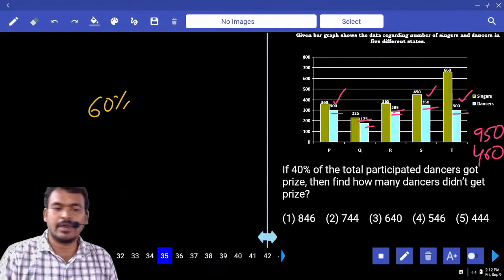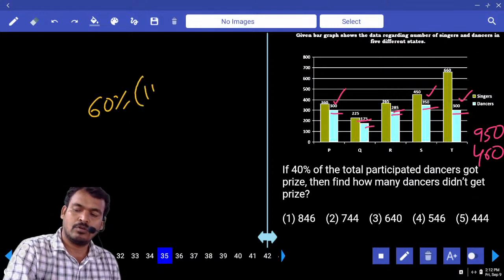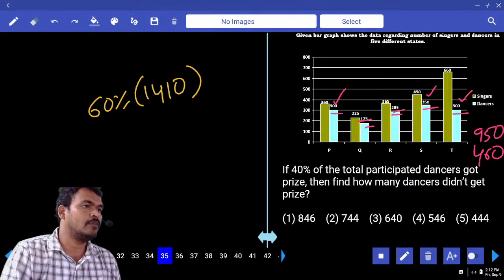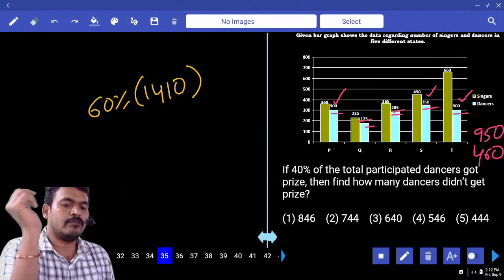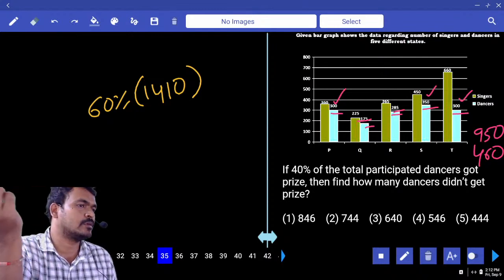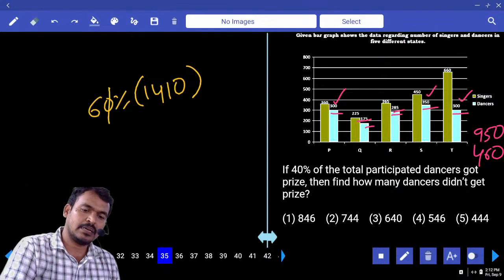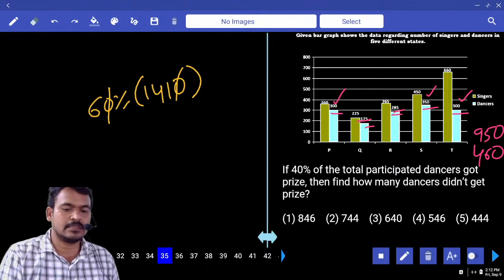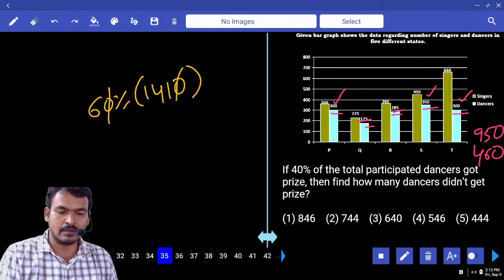Both are added. We are getting how much? 1410, or not? 1410. Out of 1410, we require how much percent? 60%. Two zeros are cancelled. The answer is 141 into 6.